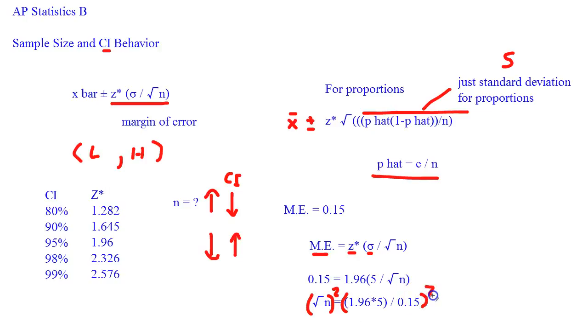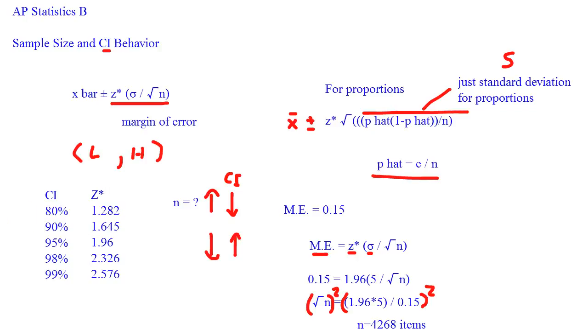Just square your answer and you would know the number of items you would need, which would be 4,268 items in my sample, so that I could find this margin of error with this confidence level.